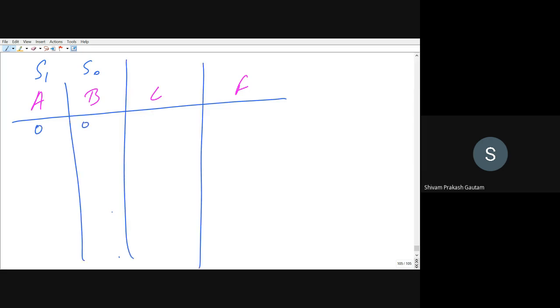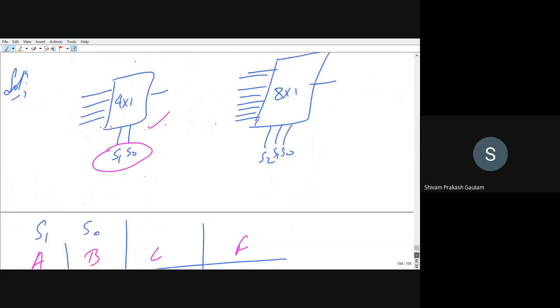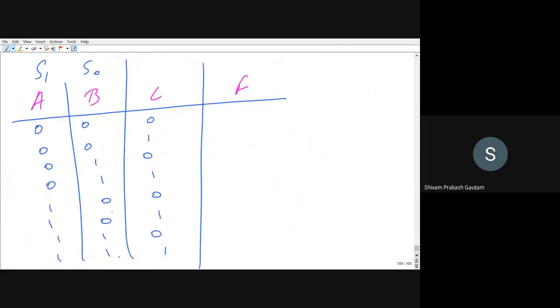Fill the entries 000, 001, 010, 011, 100, 101, 110, 111. The minterms for each case are 1, 2, 4, 7. So 1 is this one, 2, 4 is this, and 7 is the last one. For all the rest of the cases, it will be 0.